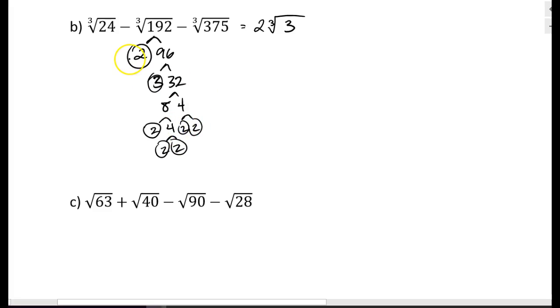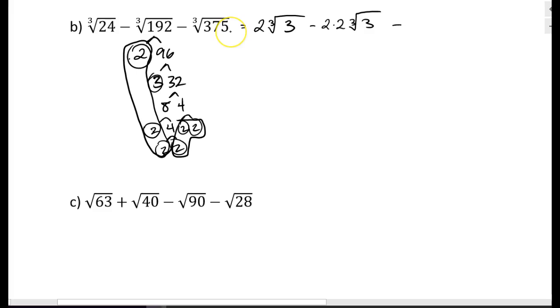Well, I've got 1, 2, 3, that's one perfect cube. 1, 2, 3, that's another perfect cube. So I've got 2 as a cube, 2 cubed, so I can take that up twice. I'm going to be left with 3 underneath. So minus 2 times 2 cube root 3.